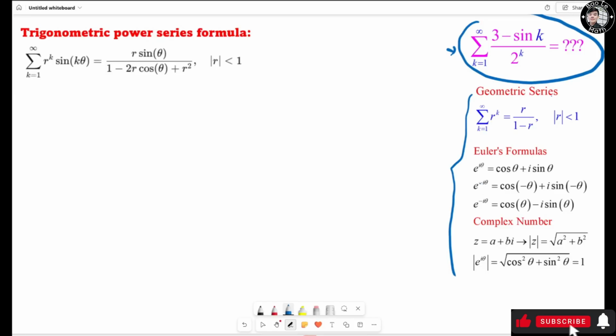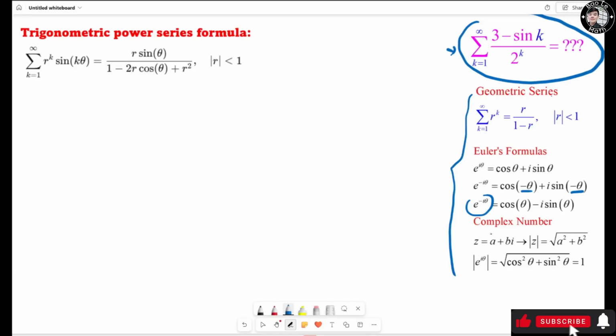Similarly, you have the negative side. And you know that the cosine function is even, so cosine of negative theta equals cosine theta. The sine function is odd, so sine of negative theta equals negative sine theta. So that's why you have this one.